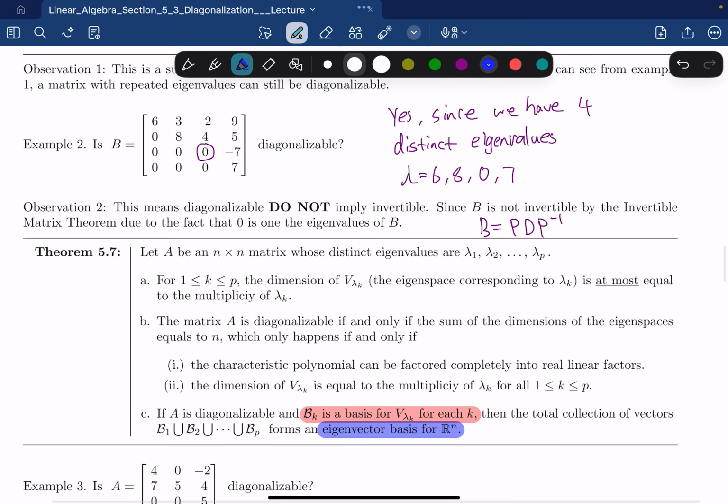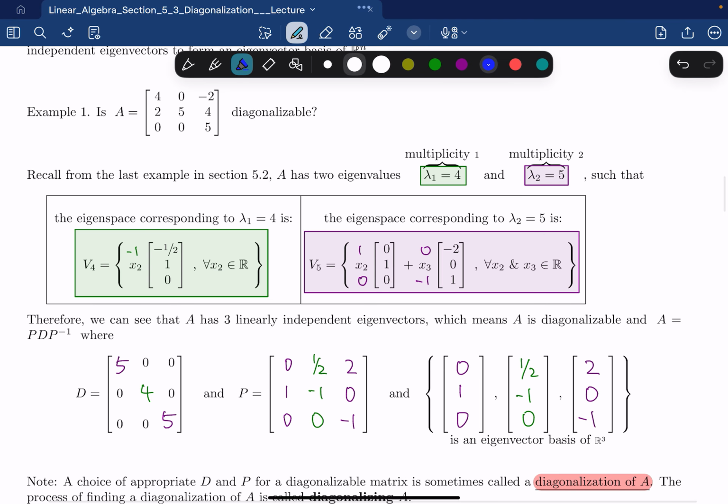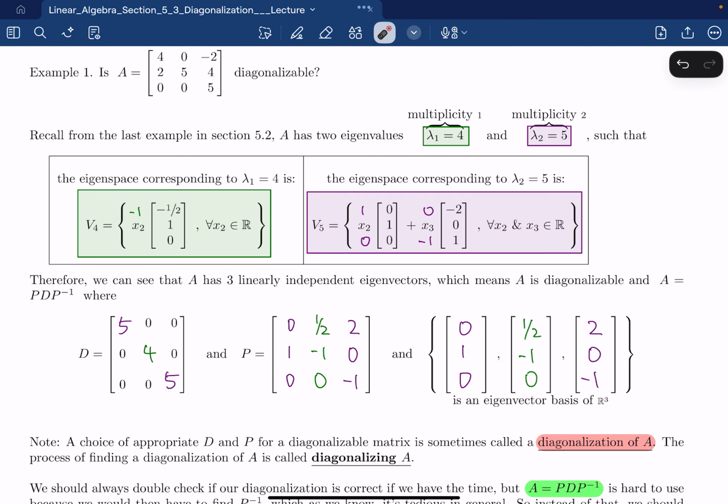So again, going back to the previous example, we can take this vector as a basis for the eigenspace corresponding to lambda 1 equals to 4. And we can take these two as a basis for the eigenspace corresponding to lambda 2 equals to 5. So if we collect all 3 of these bases, we found an eigenvector basis of R3.